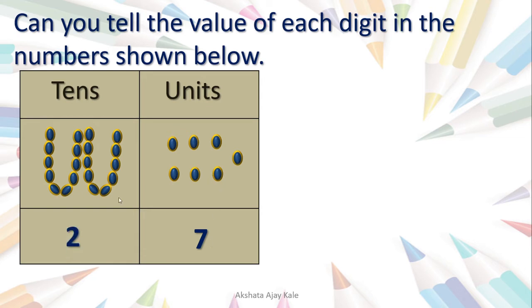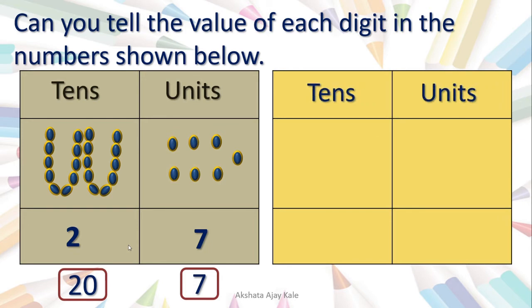Am I right? Means one string has 10 beads. Means total there are 20 beads and in a single 7 beads. So the place value of 7 is 7 and the place value of 2 tens, that is nothing but 20. Correct?